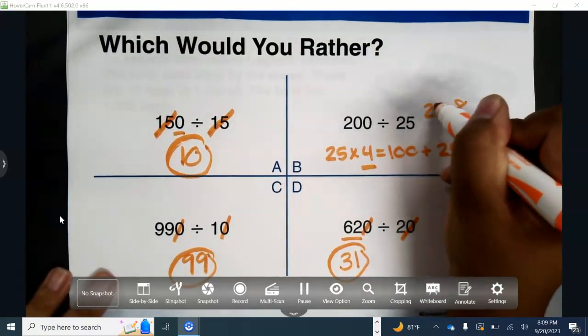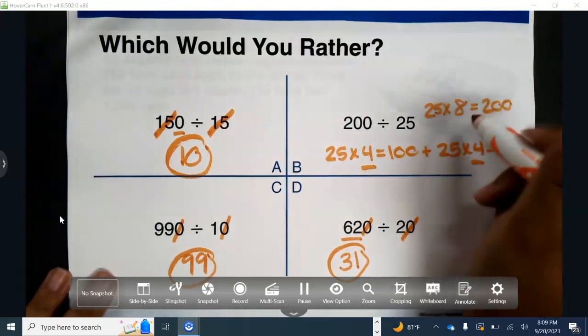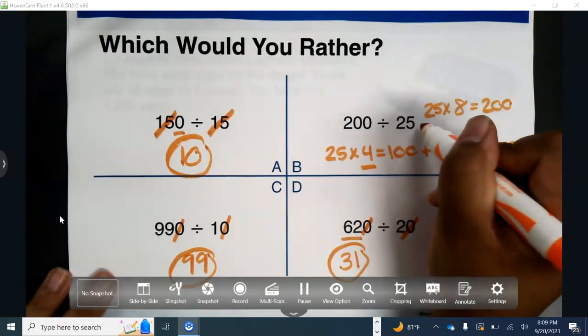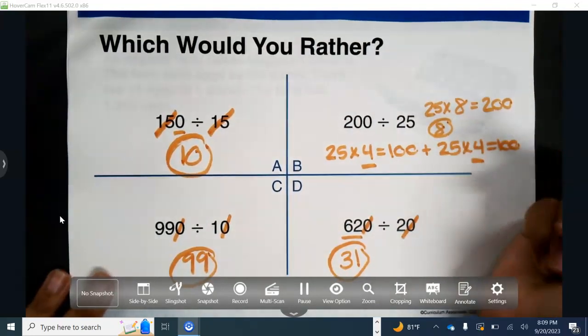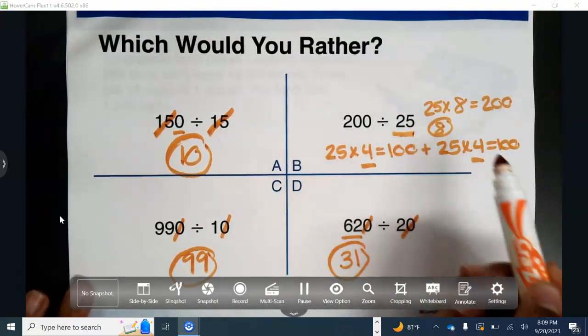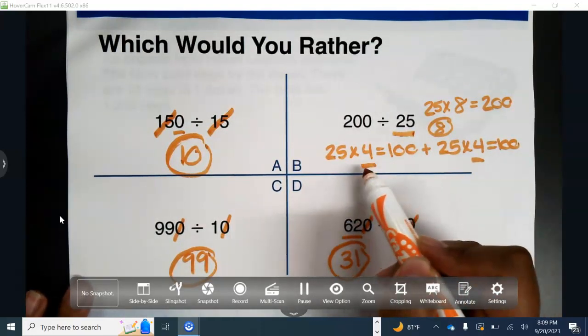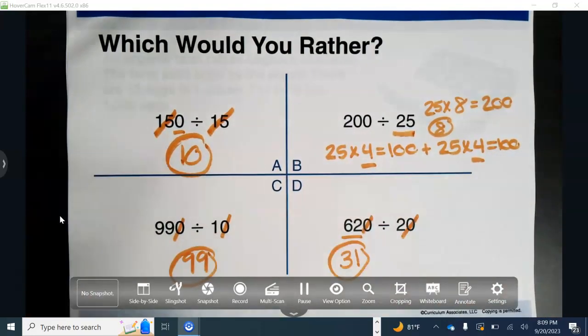So 25 times 8 equals 200. So the answer would be 8. That one took me a little bit more work, but 25s are easy because you can think of money, but also you have to know how many quarters make $1. All right, well that is it for our which would you rather.